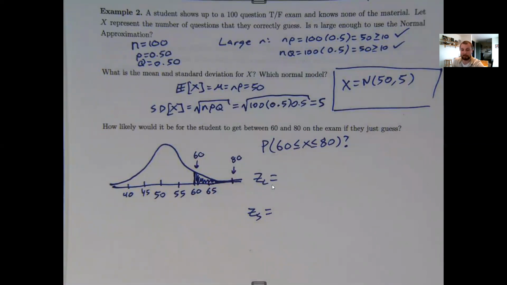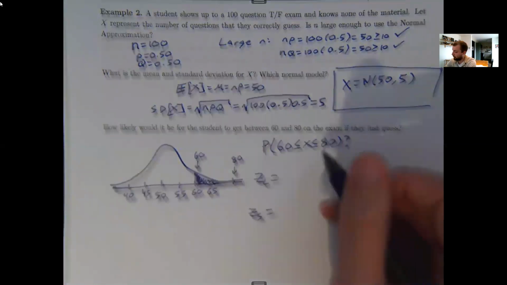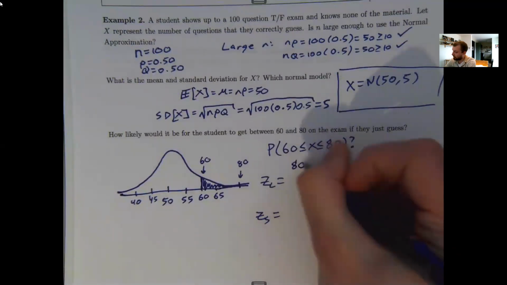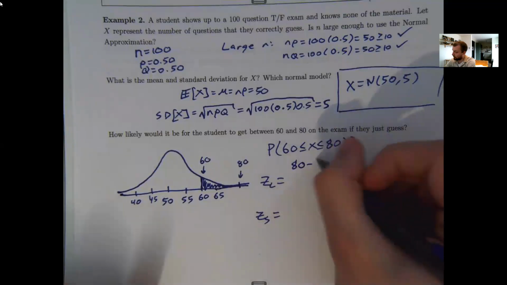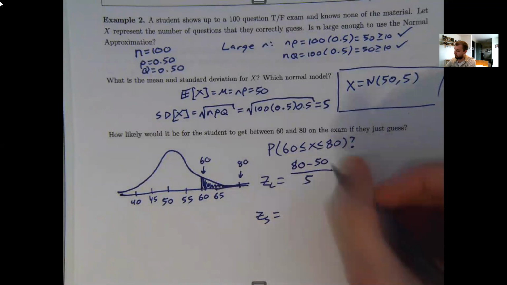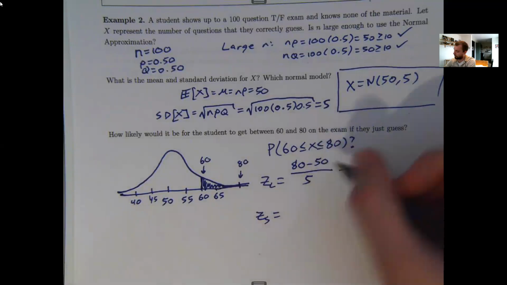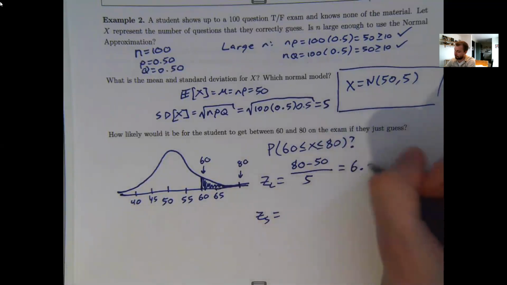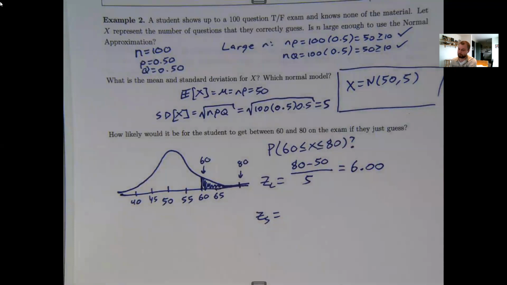So to find these z-scores, I'm going to take my value, subtract the center, 50, divided by the standard deviation. I type this into a calculator, 80 minus 50 is 30, 30 divided by 5 is 6. That's a z-score of 6.00.